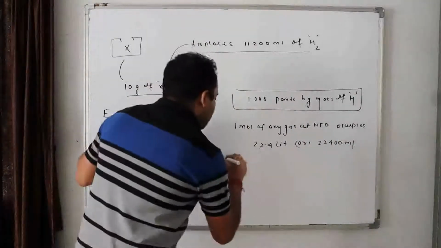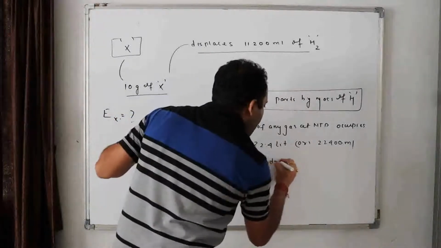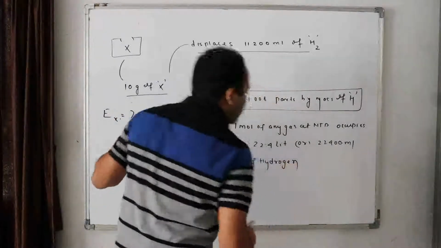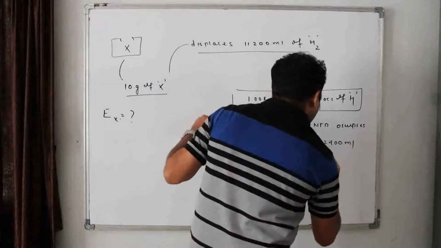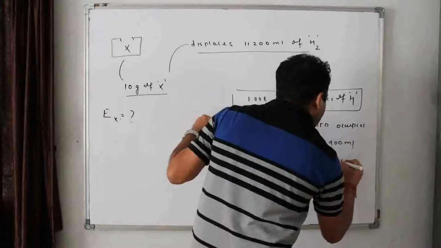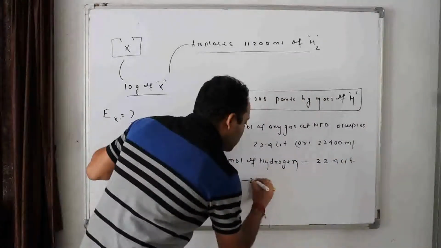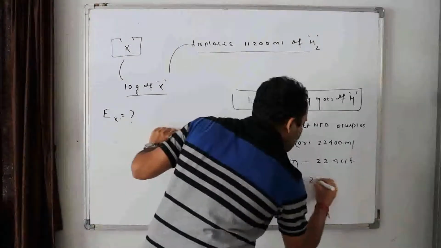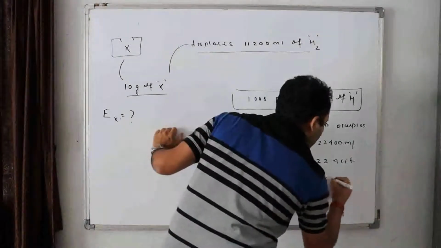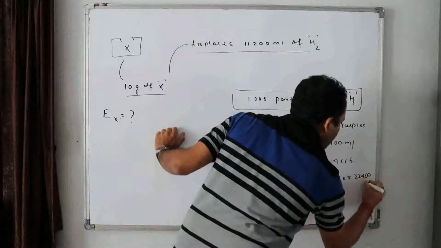Now 1 mole of hydrogen, what is the volume? 22.4 liters. What is the molar mass? 2.016 grams. Occupies 22.4 liters or 22400 ml.